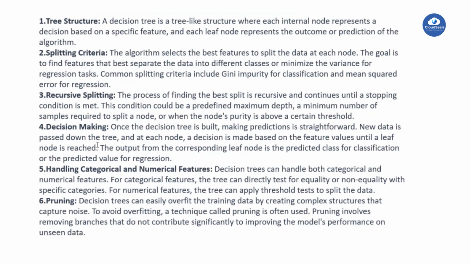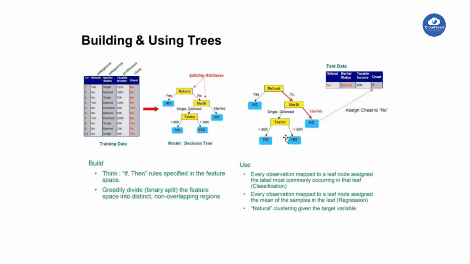The output from the corresponding leaf node is the predicted class for classification or the predicted value for regression. For example, let's take the same branch. We need to consider at which branch we are able to classify, we are able to regress the correct value.